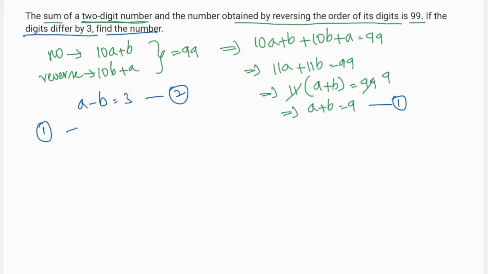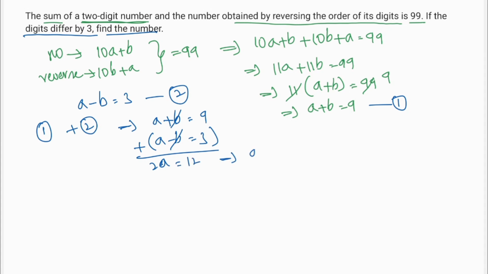We will add first equation and second equation. You will get a plus b is equal to 9 and a minus b is equal to 3. We are adding this to a plus a is 2a, minus b plus b gets cancelled, is equal to 12. You will get a is equal to 12 by 2, it is 6.